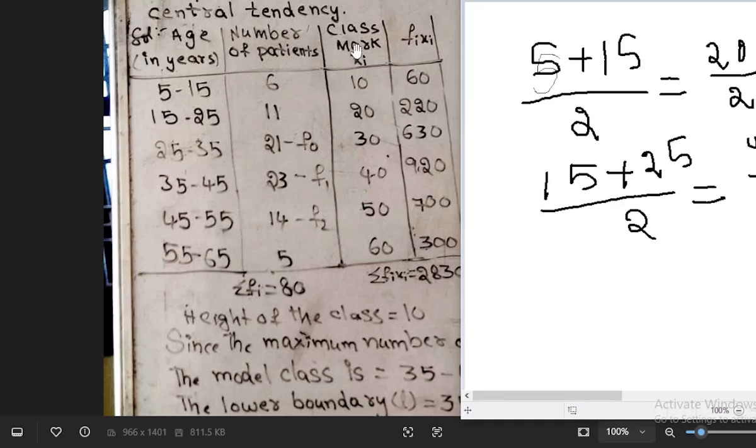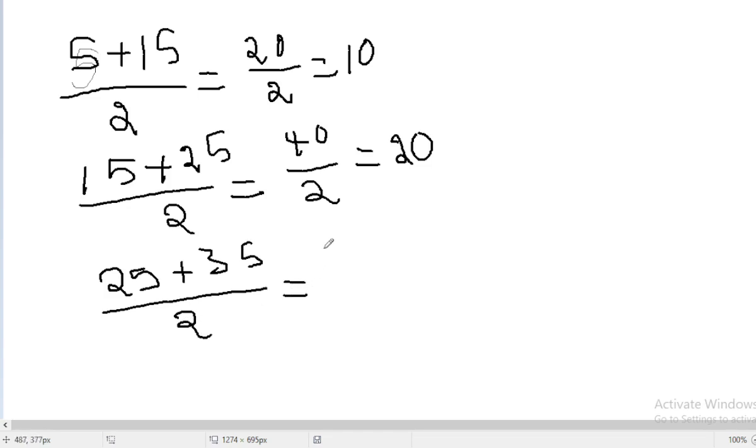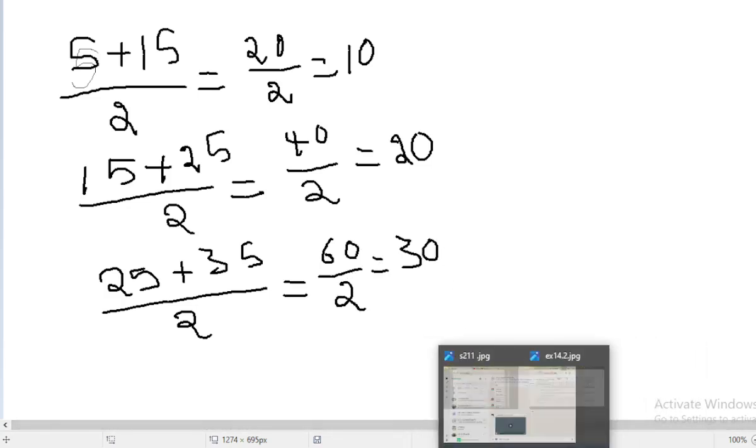We write that as the class mark for the second class. Then the next one, 25 to 35, by 2 is 60 by 2, which is equal to 30. 30 is the next class mark.